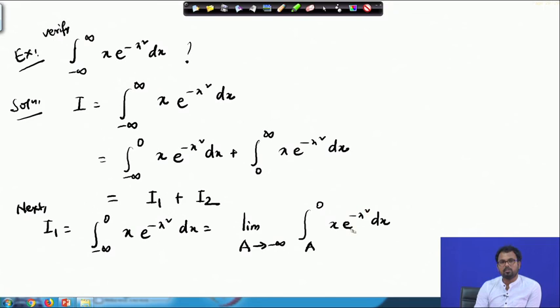This is a traditional method of substitution example. Here, if I substitute x squared equals z, then I will obtain x dx, and then you do the integration, and this will reduce to the limit as a goes to minus infinity.